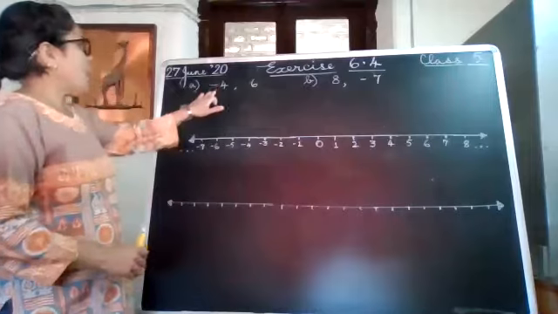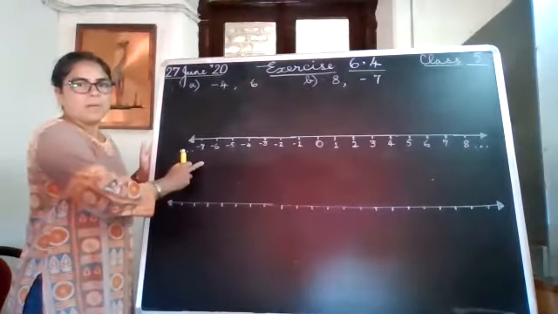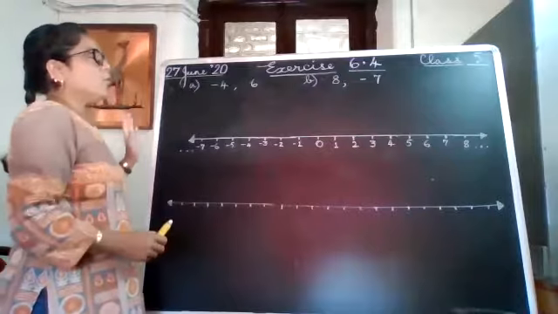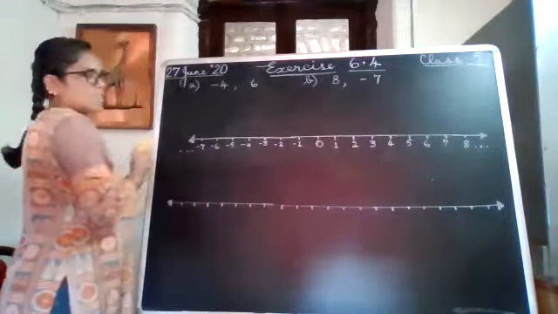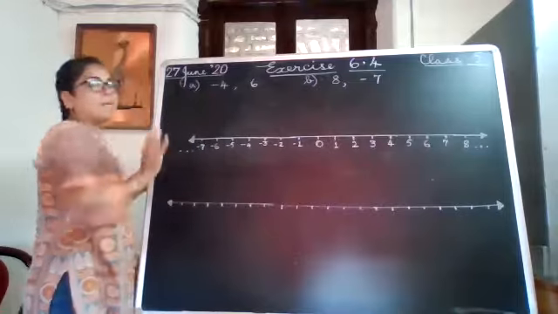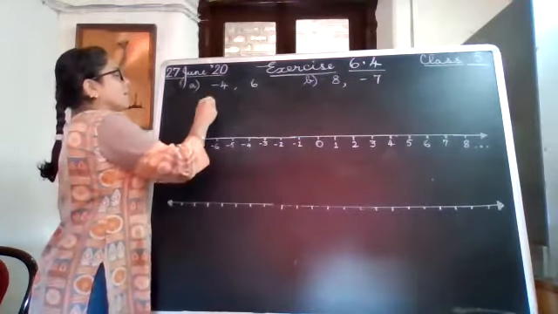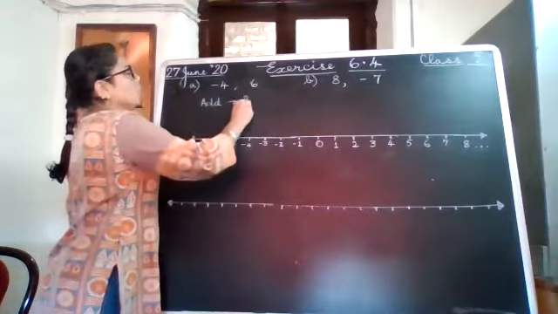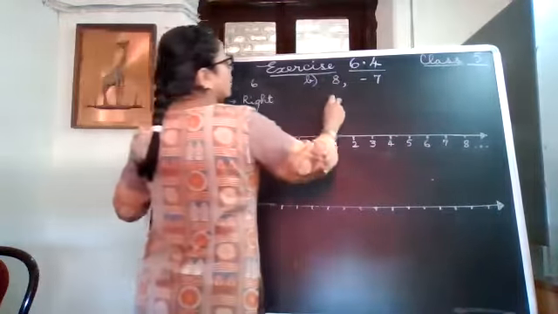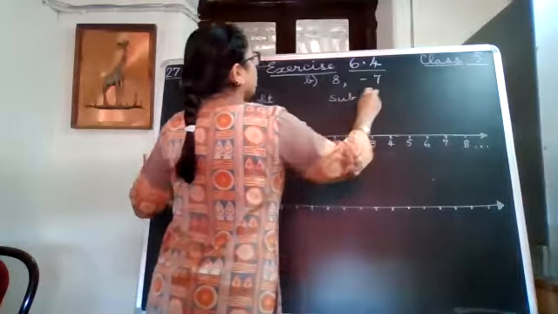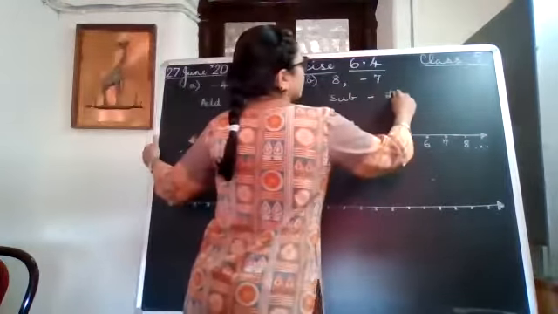So how will we add two given integers on the number line? Now we know that all these from 1 onwards are positive. This is negative. One thing you have to remember when you are adding is that if you are adding any number, you move to the right, and if you have to subtract to make the number smaller, we move towards the left.